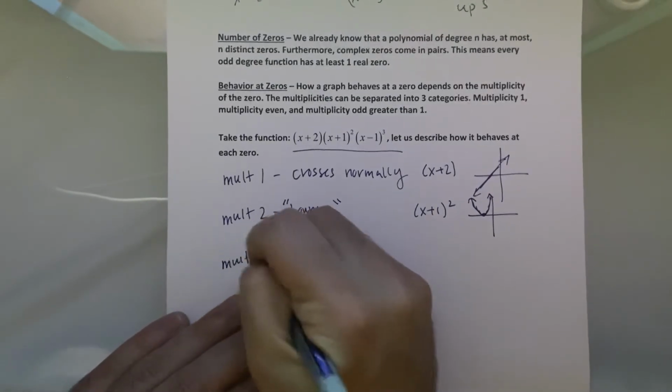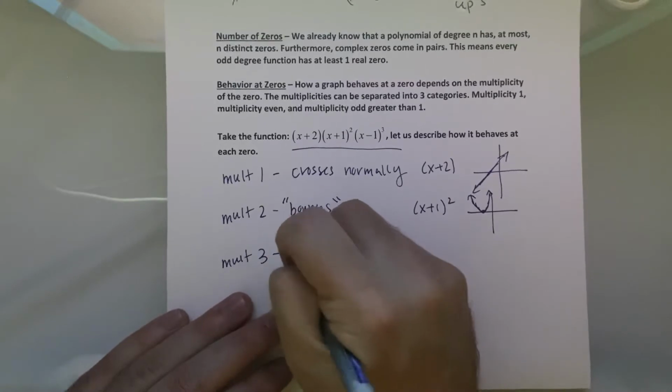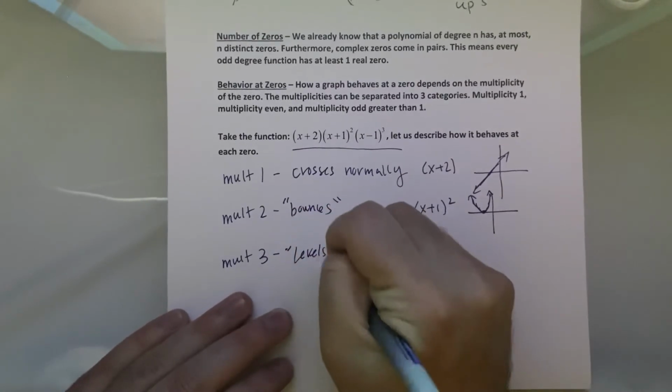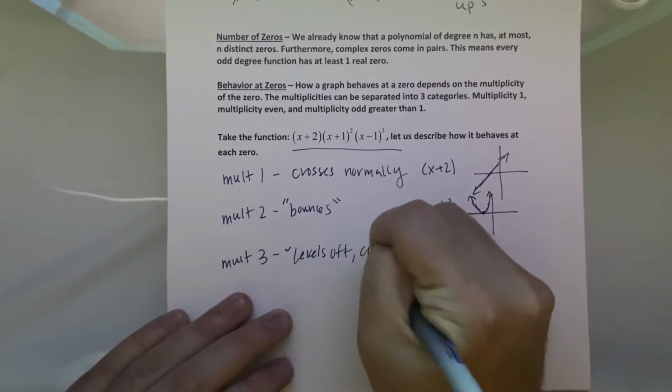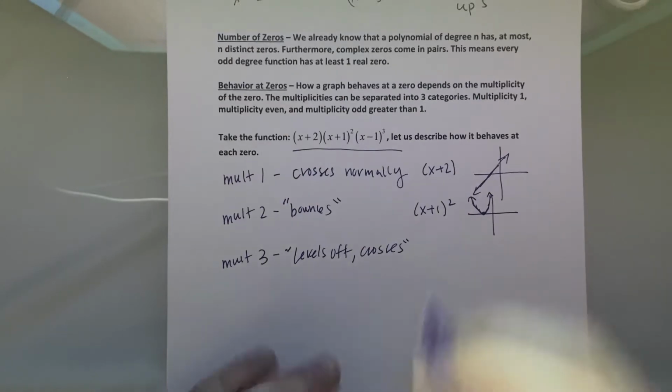Multiplicity 3. It levels off but crosses. If you were crossing a river 3 times and you couldn't make up your mind, if you change your mind an odd number of times, you eventually do cross to the other side, but not before kind of leveling off and spending time making your decision.